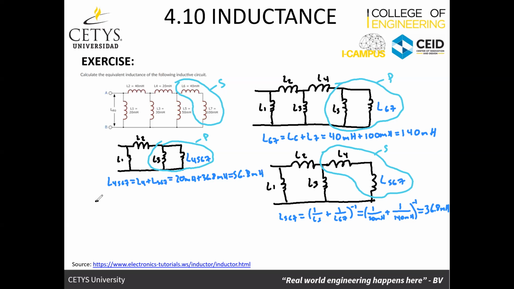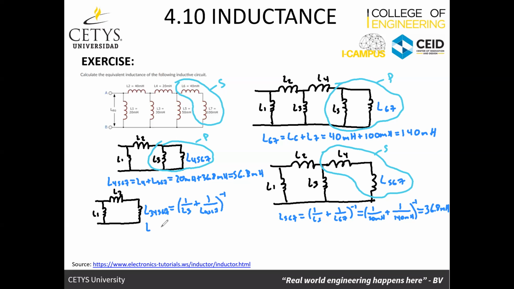Okay. And the next circuit, we're going to have these two in parallel. So that means we're going to have L1, L2, and this one is going to be L3, 4, 5, 6, 7, which is basically 1 divided by L3 plus 1 divided by L4567, to the minus 1.